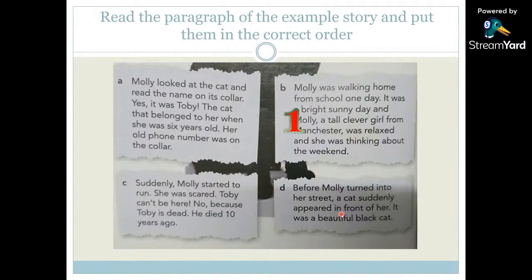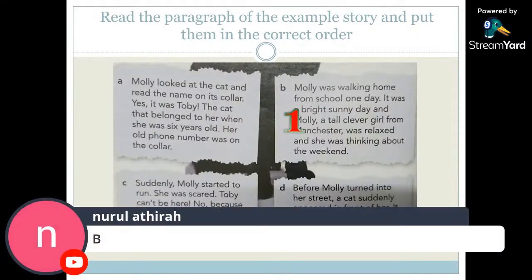Pada suatu hari dia berjalan balik ke rumah daripada sekolah. Okay, jadi ceritakan hari tu macam mana. It was a bright sunny day and Molly, a tall clever girl from Manchester, was relaxed and she was thinking about the weekend. Okay, ini adalah contoh jadi siapa yang jawab B untuk yang satu tu betul lah.